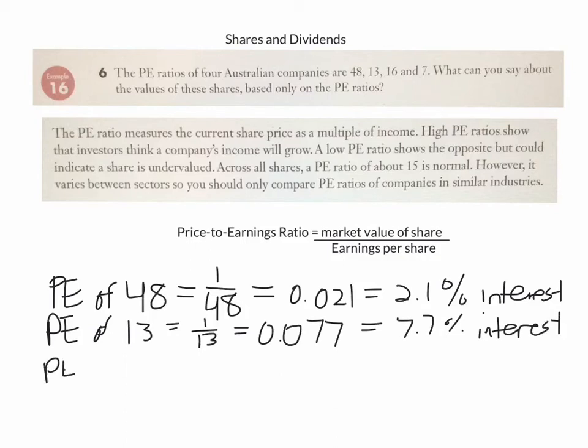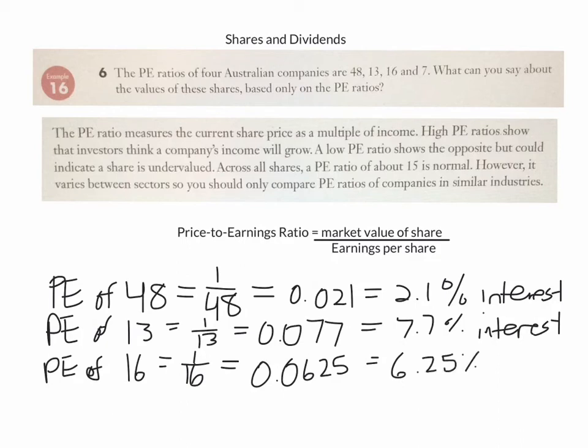The next one is a PE of 16, which is the same as saying 1 over 16, which is 0.0625, which is basically the same as 6.25% interest.